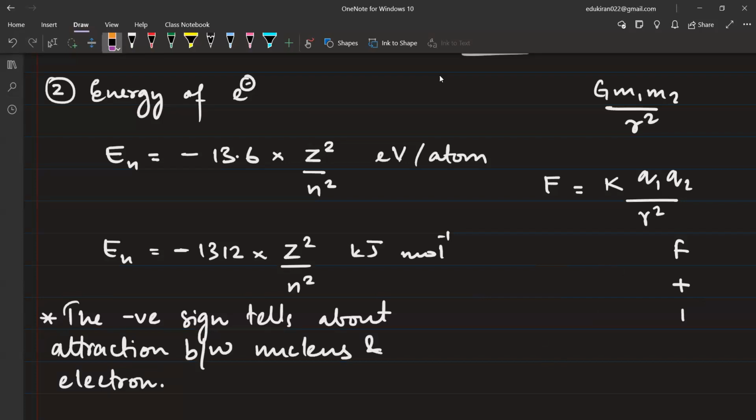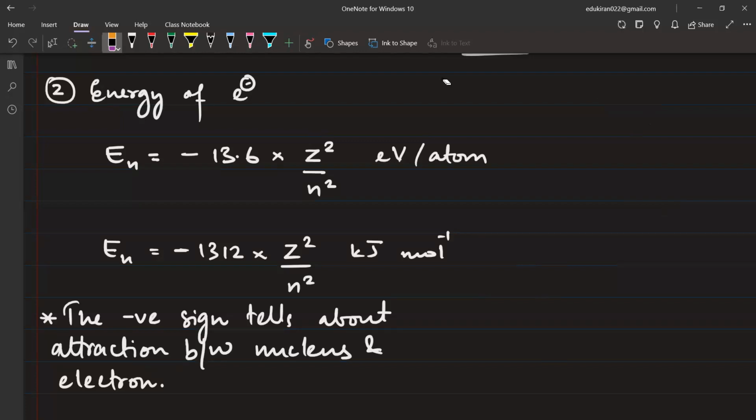If something has a negative charge, what is it telling you about? Negative charge is telling you about what? Attraction. If something is very negative, that means a lot of attraction. Correct?